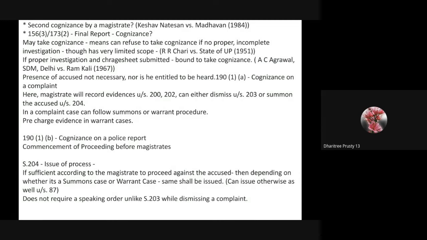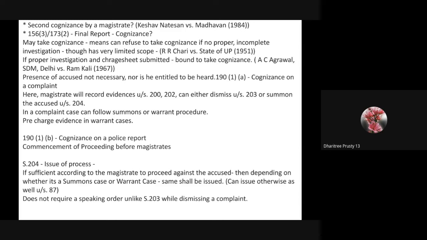Then on that basis, whether the magistrate is bound to take cognizance. So my second question would be whether the magistrate is bound to take cognizance, though the section uses the term may. Does may really mean that he can exercise certain discretion, or he is bound to take cognizance if the final report is submitted by the police?